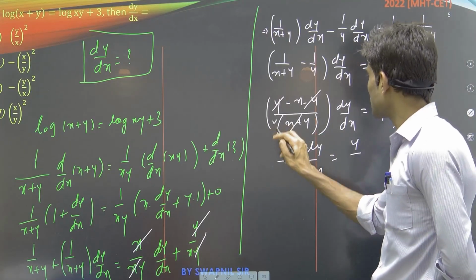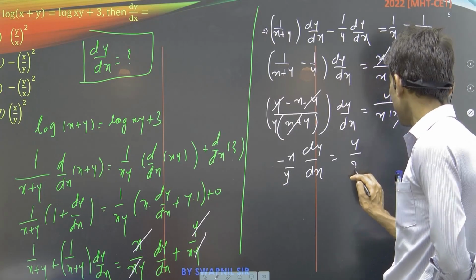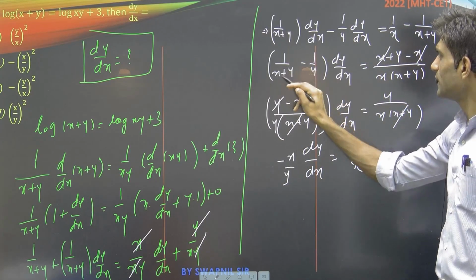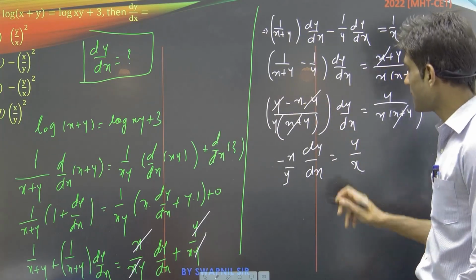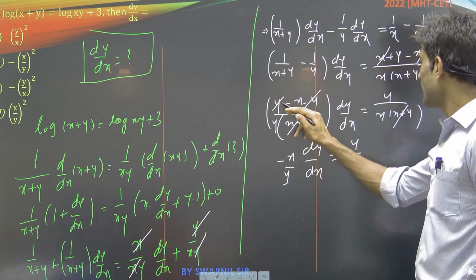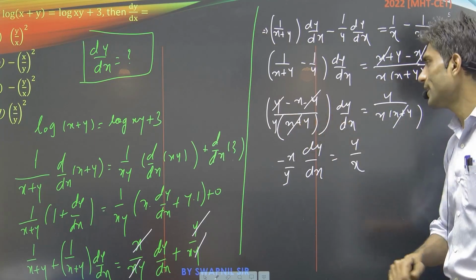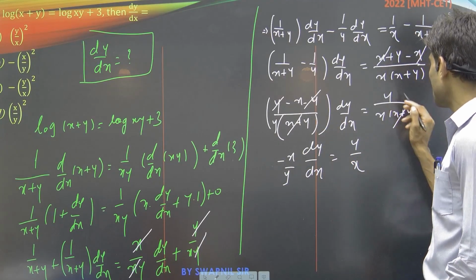y into x plus y remaining, so minus x by y into dy by dx, and y upon x on the other side. What I have done is cross multiplication for these two numbers and multiplication of the denominators. So y into x plus y, the positive and negative cancel, and similarly the bracket cancels with this bracket. So minus x upon y into dy by dx is equal to y upon x.